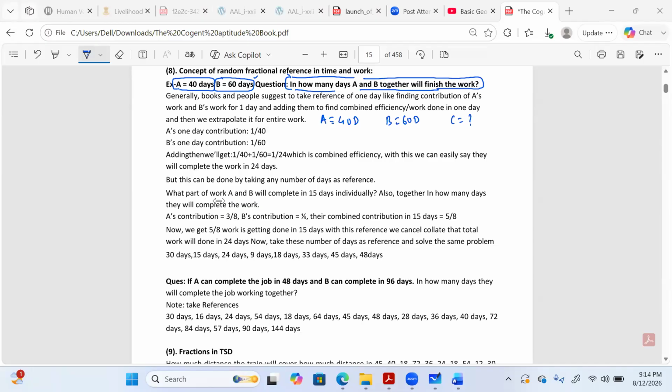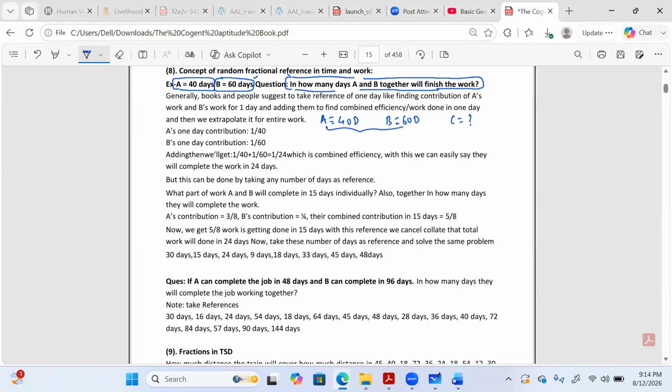That doesn't require कि एक दिन one day work ही मिले तुम्हें। If I'm giving you the information that C is able to do half work in 15 days, then you could tell in how many days C will be able to do it. With this information, you will be able to tell in how much time C will finish the job. बताओ, how much time?